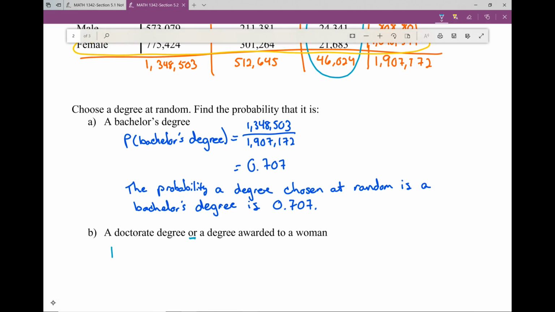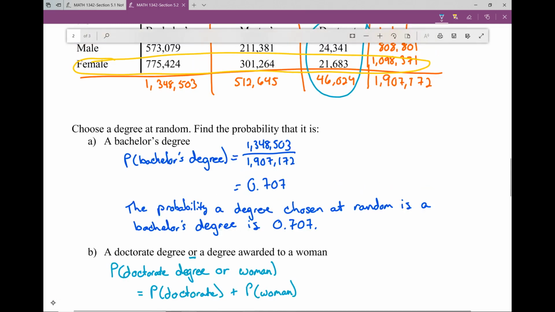So I'm going to look at the probability of a doctorate degree or a woman. This is going to be equal to the probability of a doctorate degree plus the probability that it's a woman.